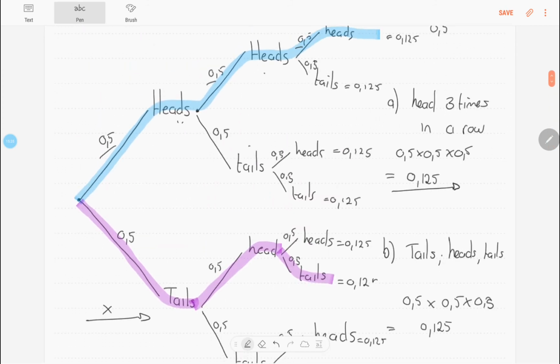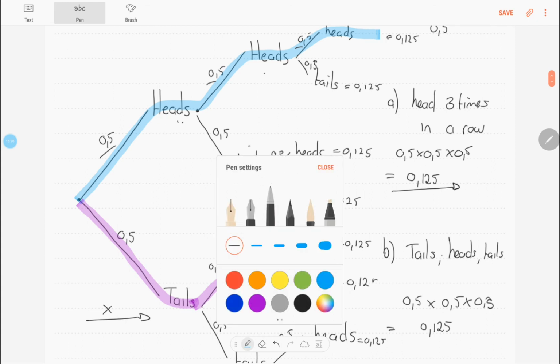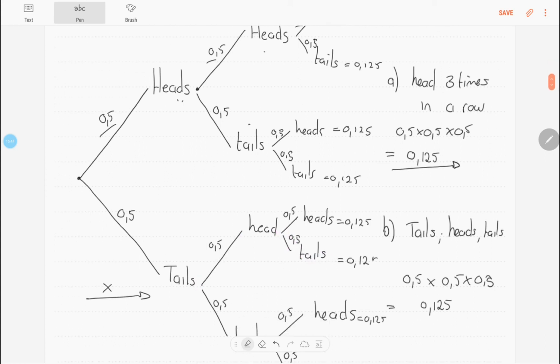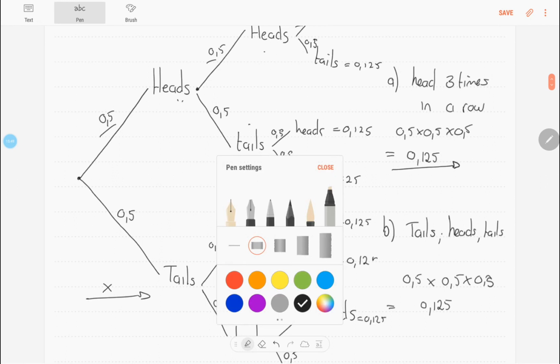Let's just say, for example, just to clarify that, we're back at tossing a coin. I'm trying to carefully remove those highlighters so we can get what we want.